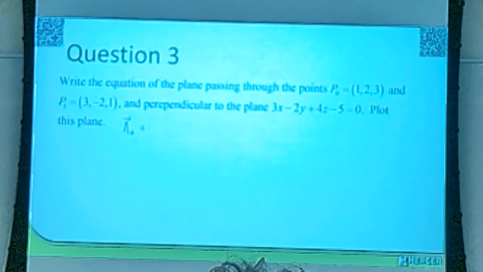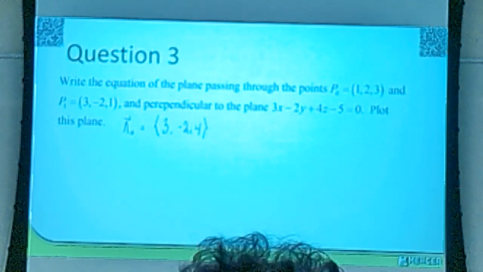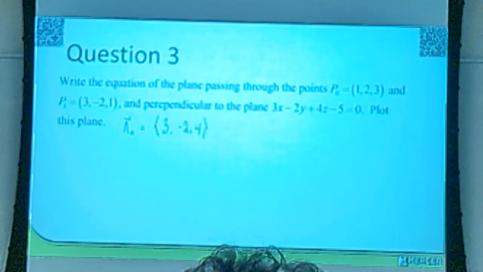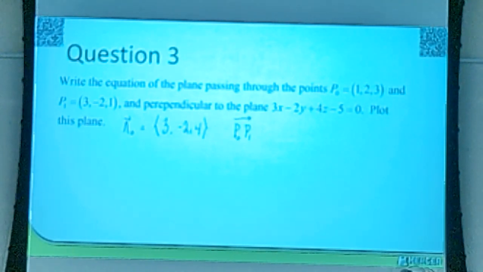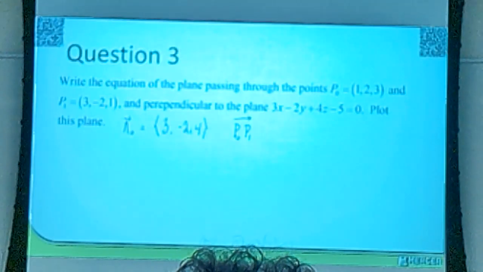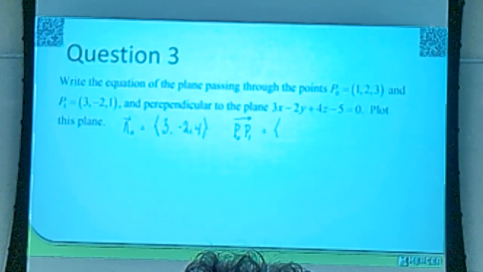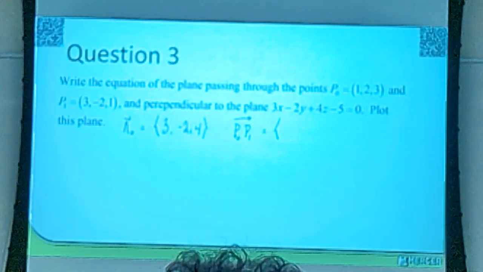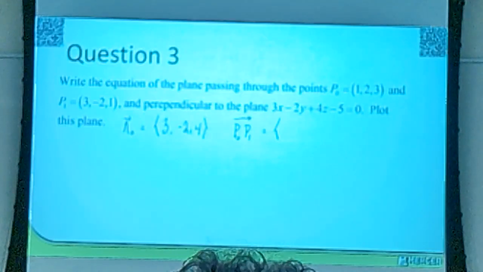From here, we know what n naught is. And again, you can do either P0, P1, or P1, P0. The direction of that directed line segment doesn't matter either. What's that directed line segment in component form?